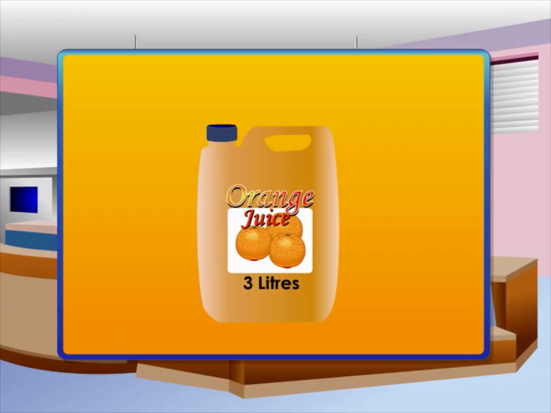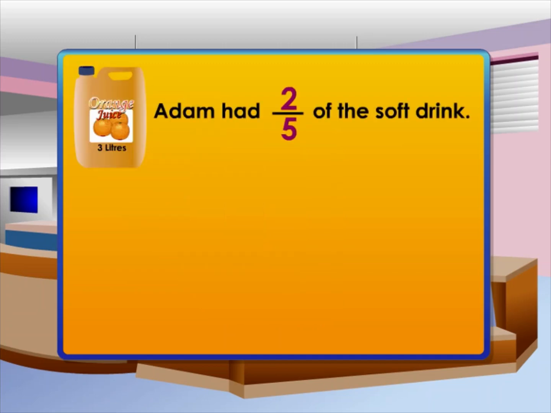Let's explore more. The orange juice can contains 3 liters of soft drink. After having 4 pieces of pizza, Adam then had 2/5 of the soft drink. How much soft drink did he have? Let's find out. We will use the number line to get the answer. The number line scale is marked at each 1/5.